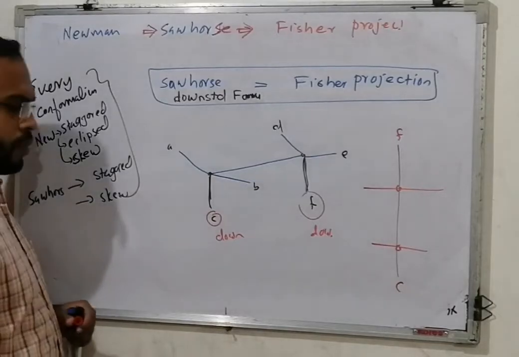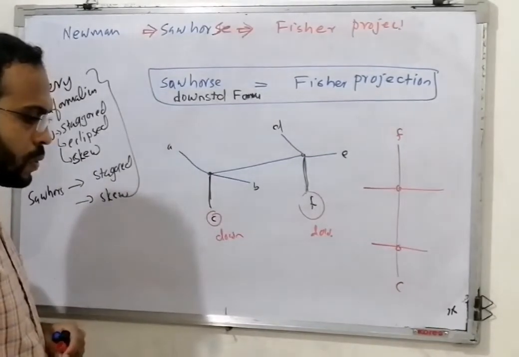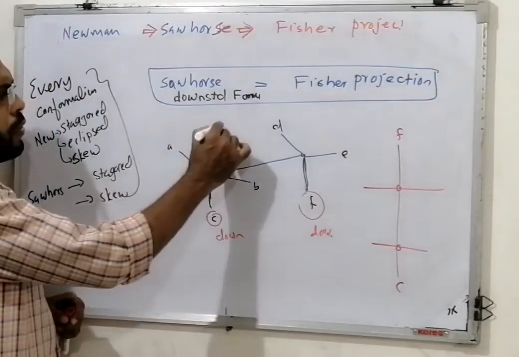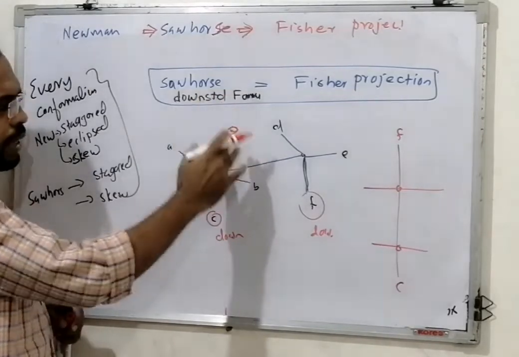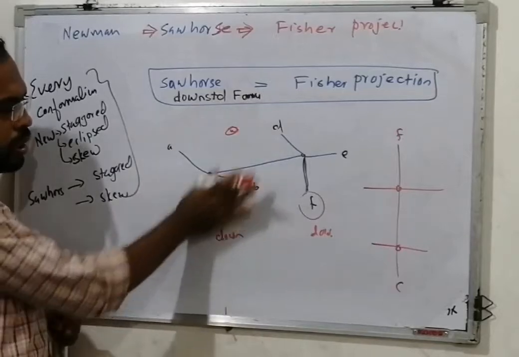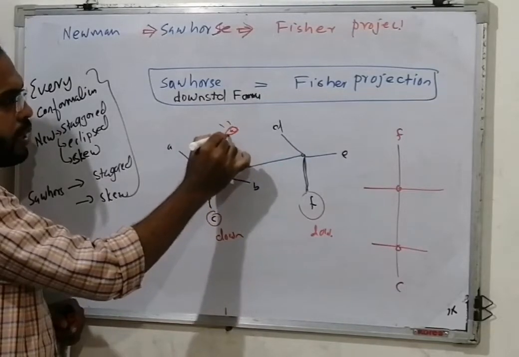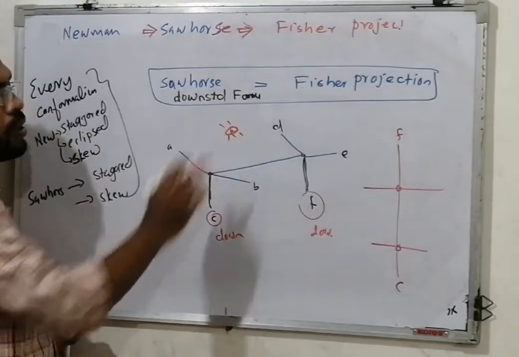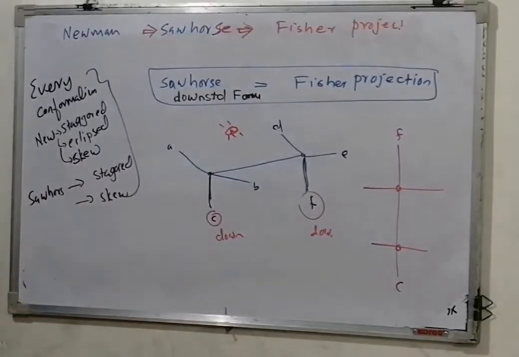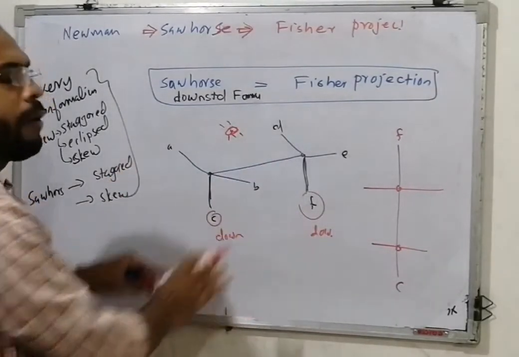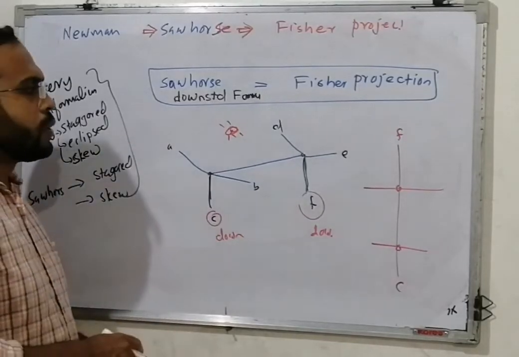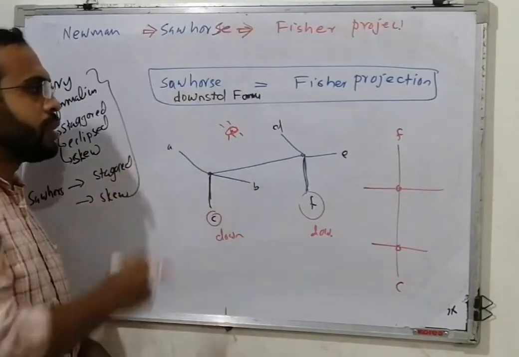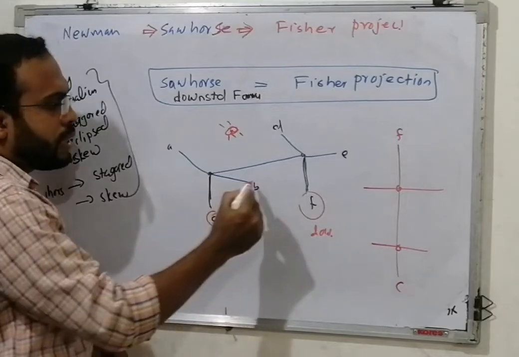Now imagine that you are looking from the upside. Therefore down is vertical because down is away from here. Vertical is always away from the observer. Imagine that groups are down. We are observing from this side, the upper side, and this is our right.